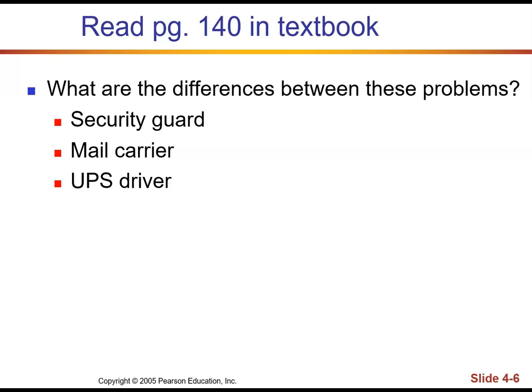Hopefully you read through those: the security guard versus the mail carrier versus the UPS driver. We're not necessarily going to answer these routes, just talk about the differences. The security guard wanted to cover everything. They wanted to go down every single street, all in the exact same neighborhood, and start and stop at the same point.